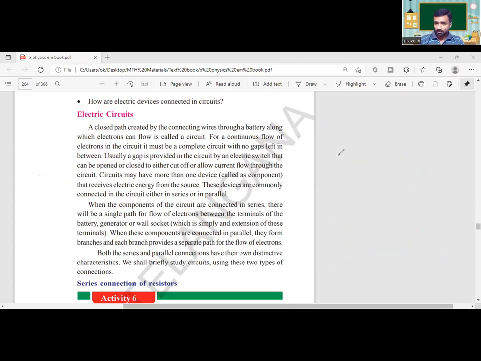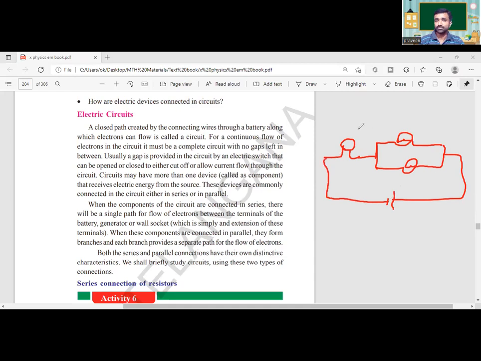Then one more possibility is there. One of them is connected in a single path, and the remaining two I am connecting in different paths individually. So the same number of bulbs are connected with the battery. In this case, what happens? Suppose this one is not working.